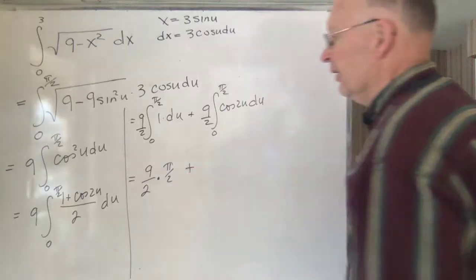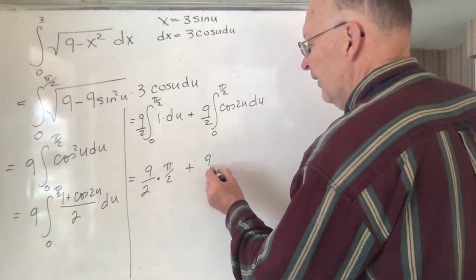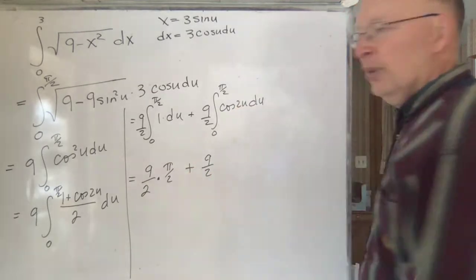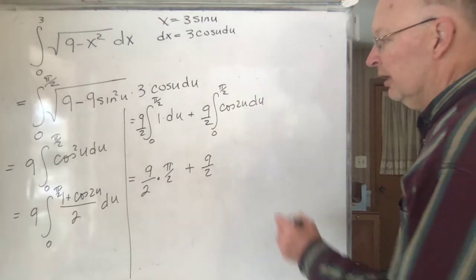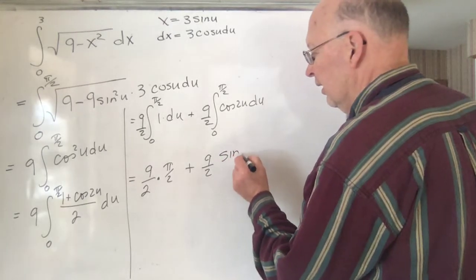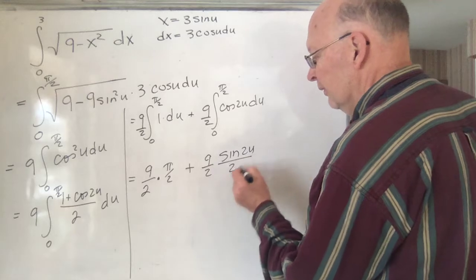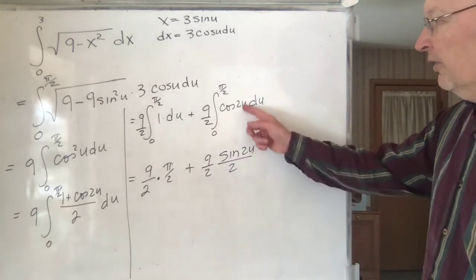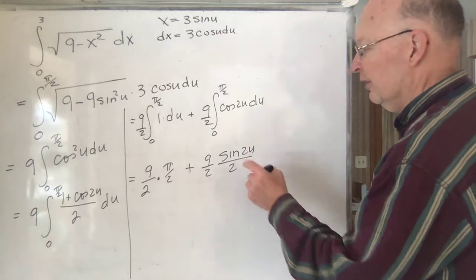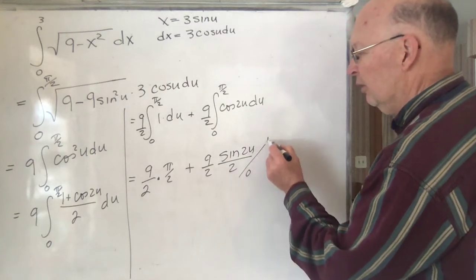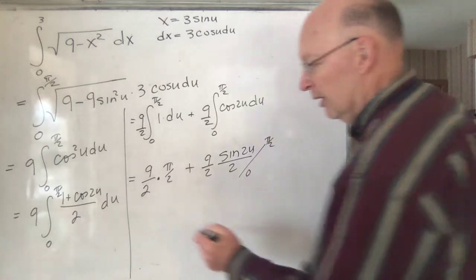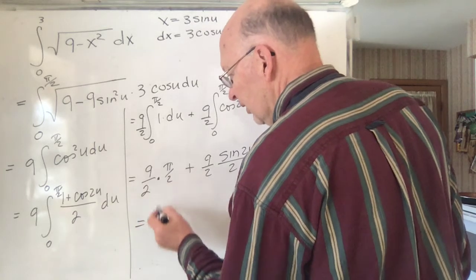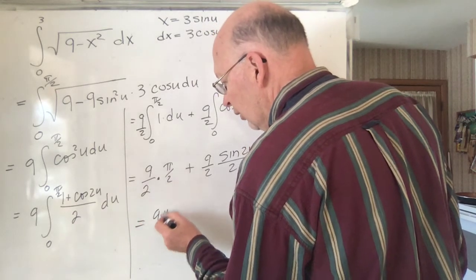Okay, what about this one? It's going to be 9/2. What's the antiderivative of cosine of 2u? It's the sine of 2u divided by 2. We did that one earlier in the course. I'm not going to repeat it each time. So there's the antiderivative. Evaluate from 0 to pi over 2. So notice that this is going to be 9 pi over 4.